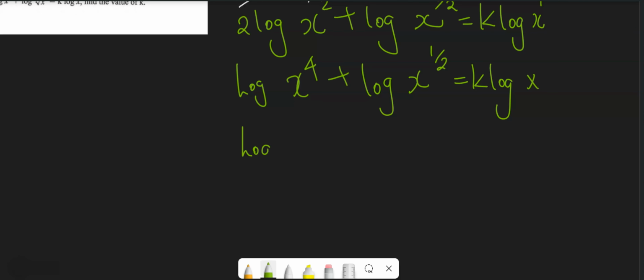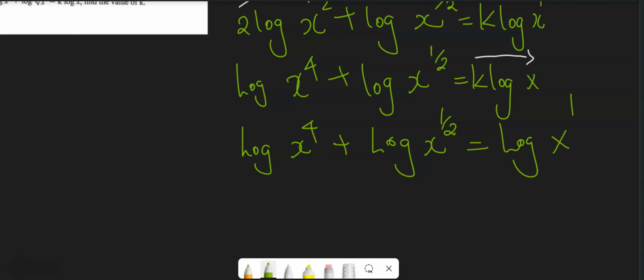We can also take k to be an exponent, to have log x power k. So this is the same as 4 log x plus half log x equals k log x.